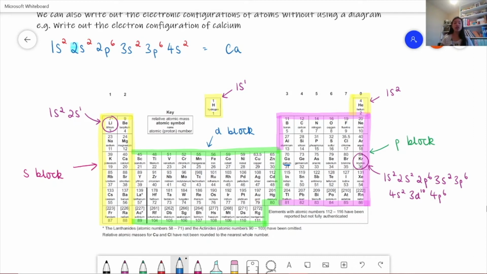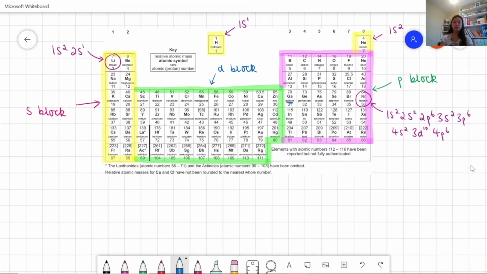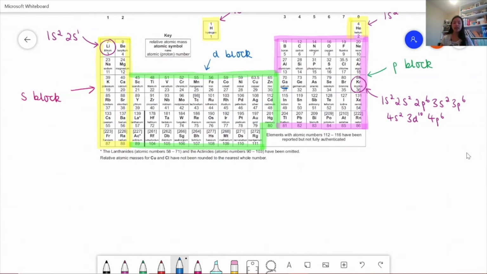And there's actually 2 really, really important exceptions that we need to look at. And those are chromium and copper. So firstly, if we look at chromium, which is here on the periodic table, it's in the d block, and it has 4 electrons in a 3d orbital.